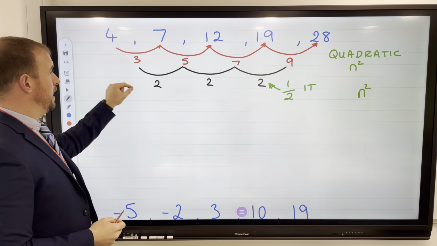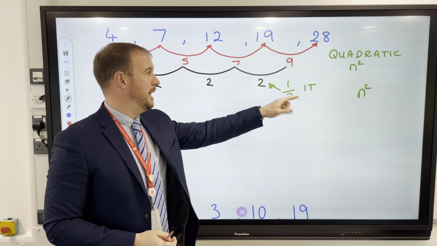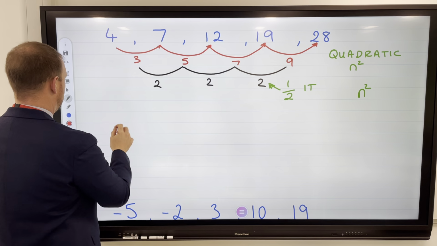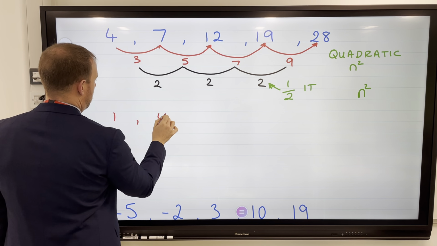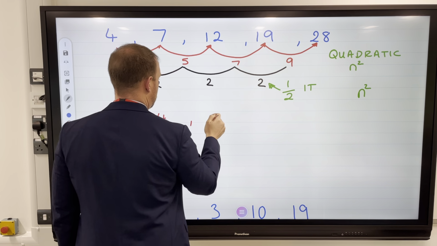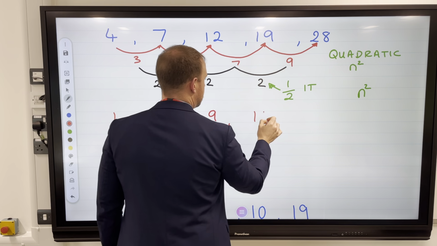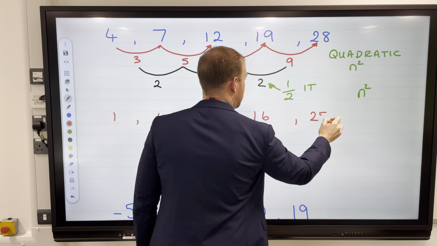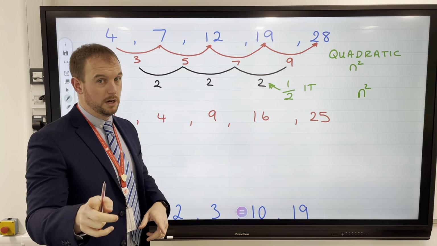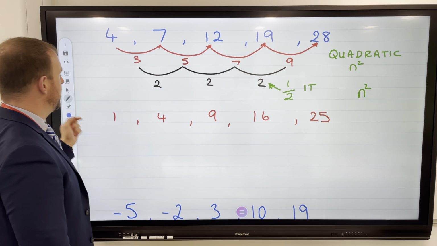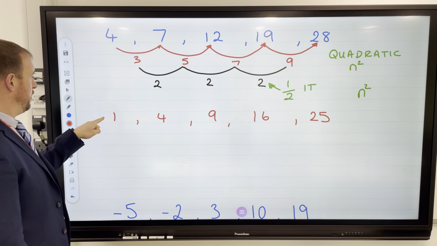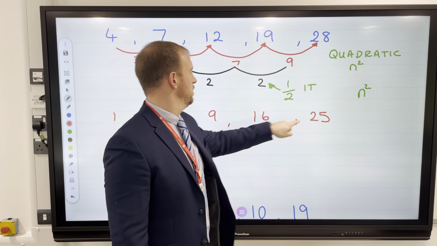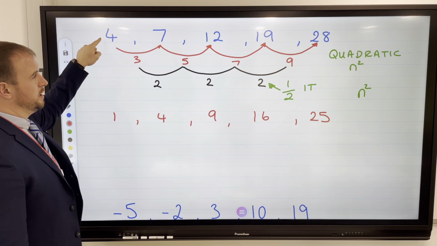We know that this quadratic sequence contains n squared. So n squared is going to be 1, 4, 9, 16, 25. These are our square numbers we wrote down earlier. Now we're looking for a relationship from n squared to our original sequence.